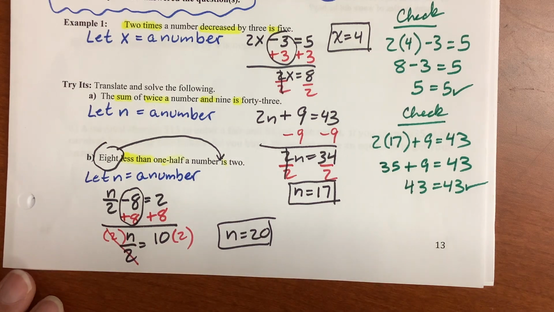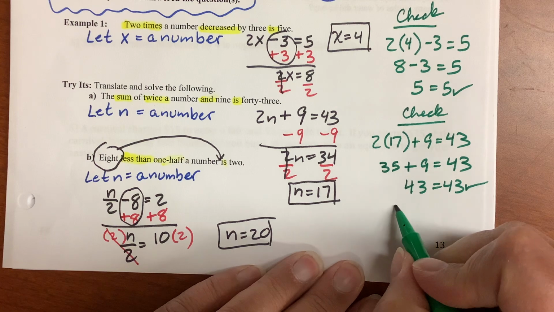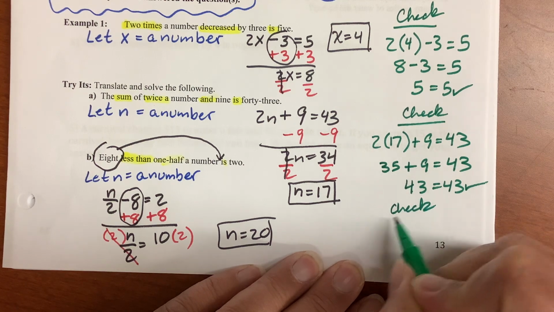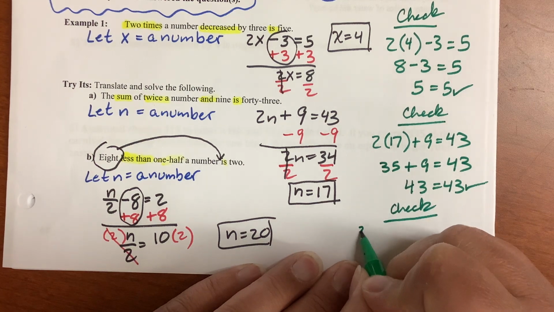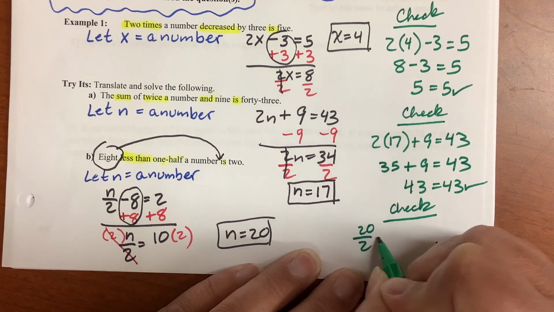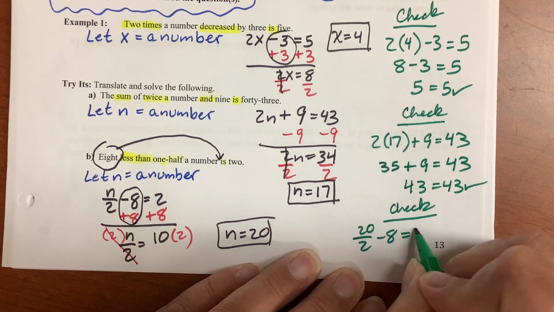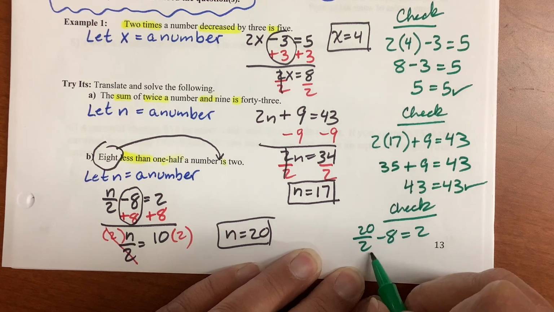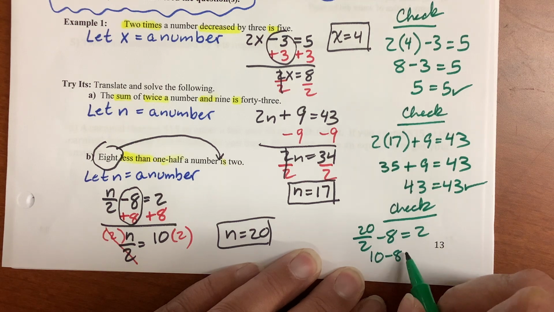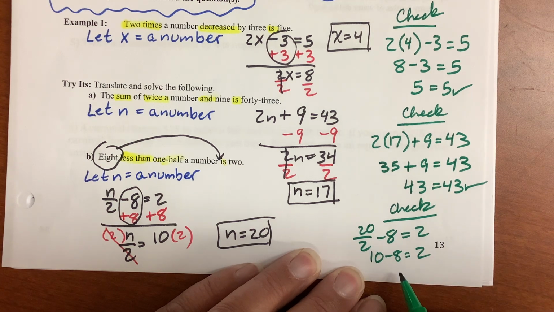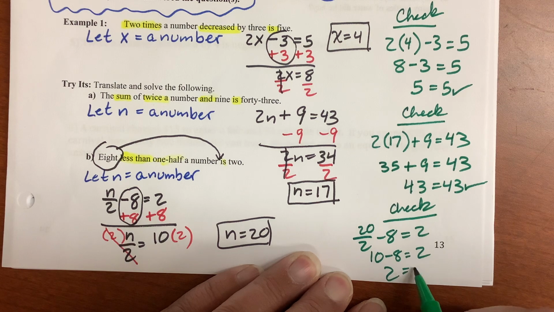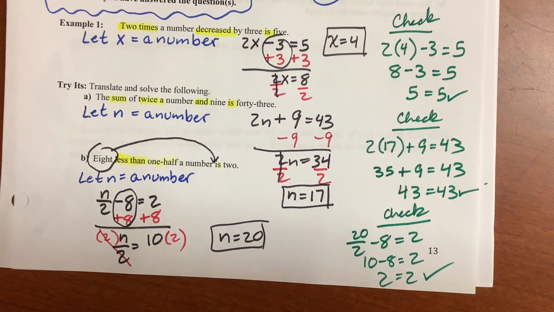All right, now I just have to check that and see what I get. Check. 20 divided by 2 minus 8 is 2. 20 divided by 2 is 10, minus 8 is 2. 10 minus 8 is 2. It equals 2. It checks, and all the math is good on this page.